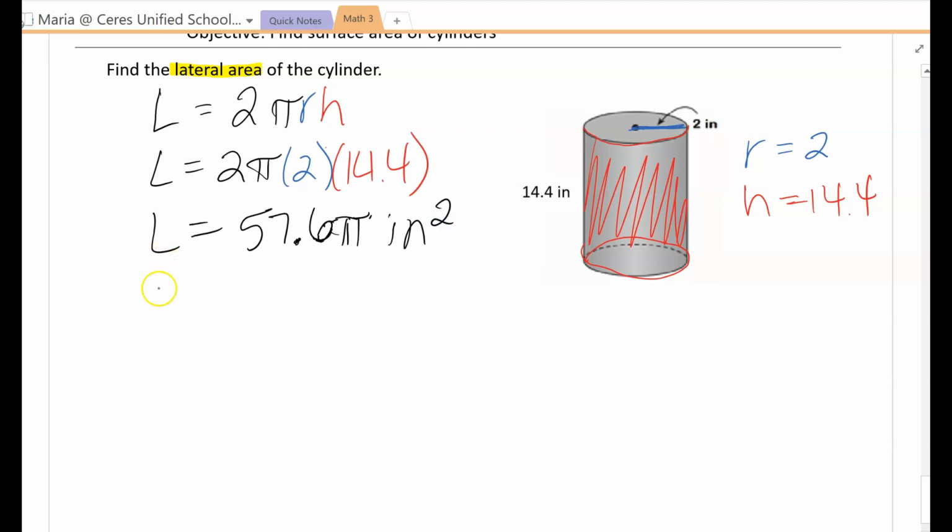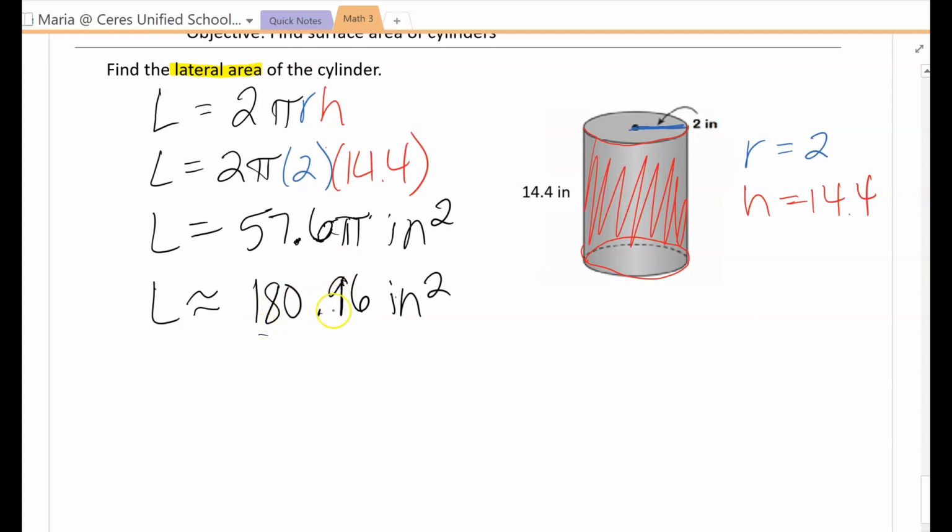So I didn't multiply the pi, so it's just 57.6 pi inches squared. That's the exact answer. And then your approximate answer, just take that times pi. And that's going to give you approximately 180.96 inches squared. Again, it doesn't say what to round to, but if this had asked for the nearest tenth, then this would have to round up to 181.